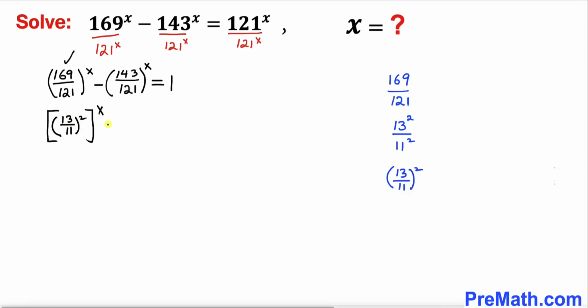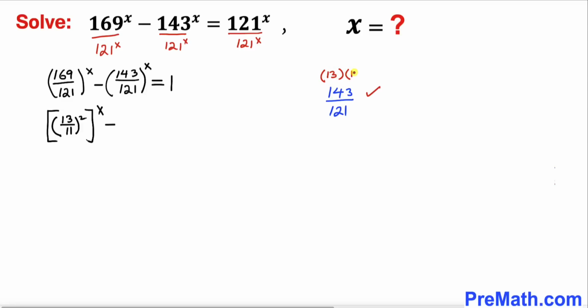minus. Now let's focus on this one, 143 divided by 121. And here I have copied it down, and we know that 143 could be broken down to 13 times 11, and likewise 121 could be written as 11 times 11.